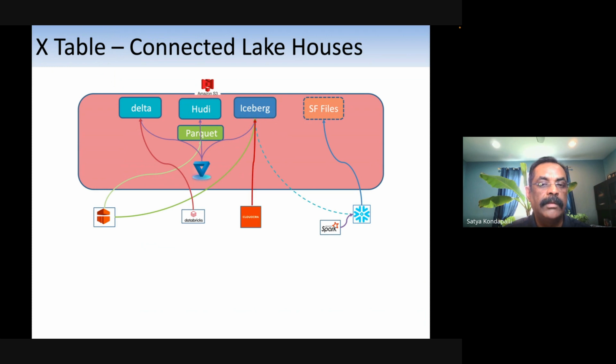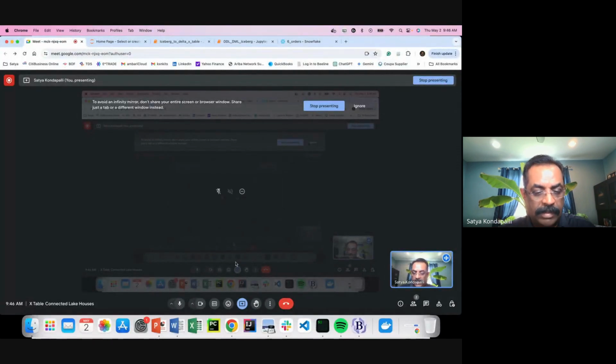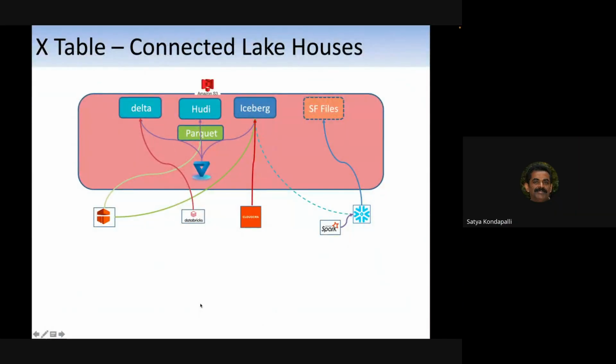So previously we talked about integrated ice houses, and now we are talking about integrated or connected lake houses. Ice houses basically means you have an EMR ice house and a Databricks UniForm ice house, one directional, and a Cloudera ice house and a Snowflake ice house, and then they can talk to each other through register table or object catalog integration.